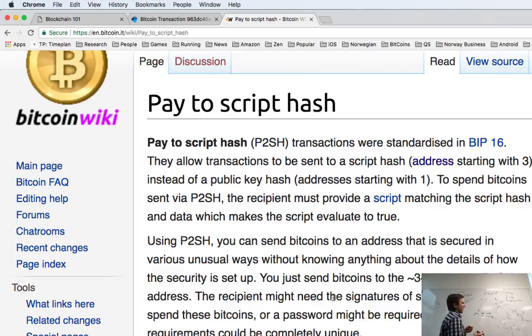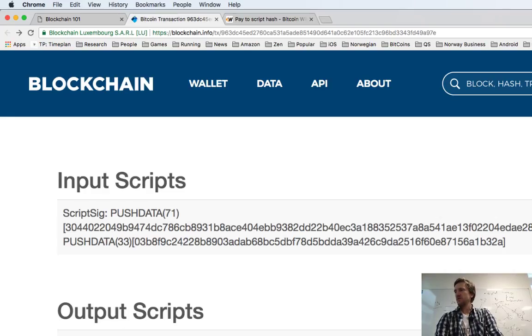What if I want to lock money and make a more complicated payment to two people, right? Or to a person and the change. I can have a script which allows me to manipulate the transaction in such a way that it's more complicated than just the single instruction that we've seen here. So here it's just right there, and the hash of the public key is right there.